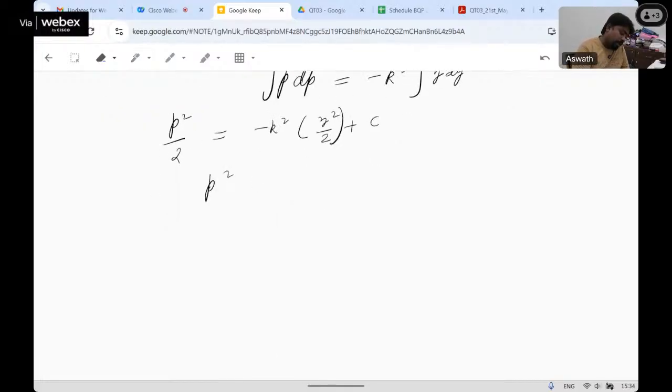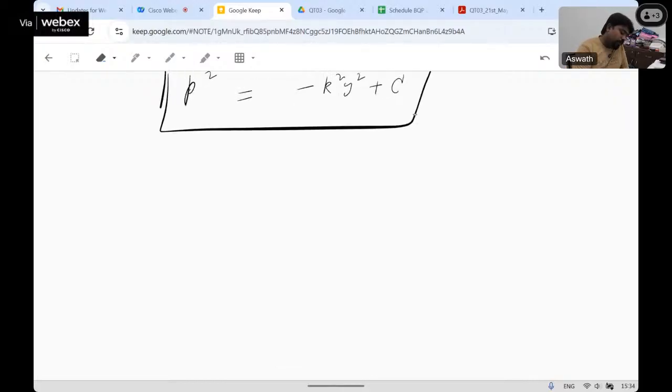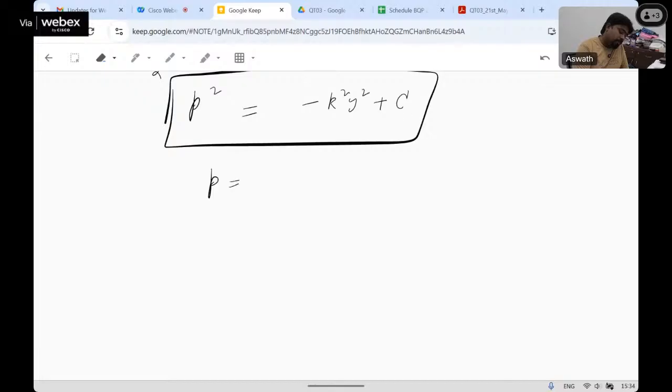Now what is p square? Sending 2 to the right, I get minus k square y square plus 2c. Let me call this c. So this is my equation. Now explicitly, if you want to find p, there is a minus sign, so I'll have plus or minus square root of minus k square y square plus c.